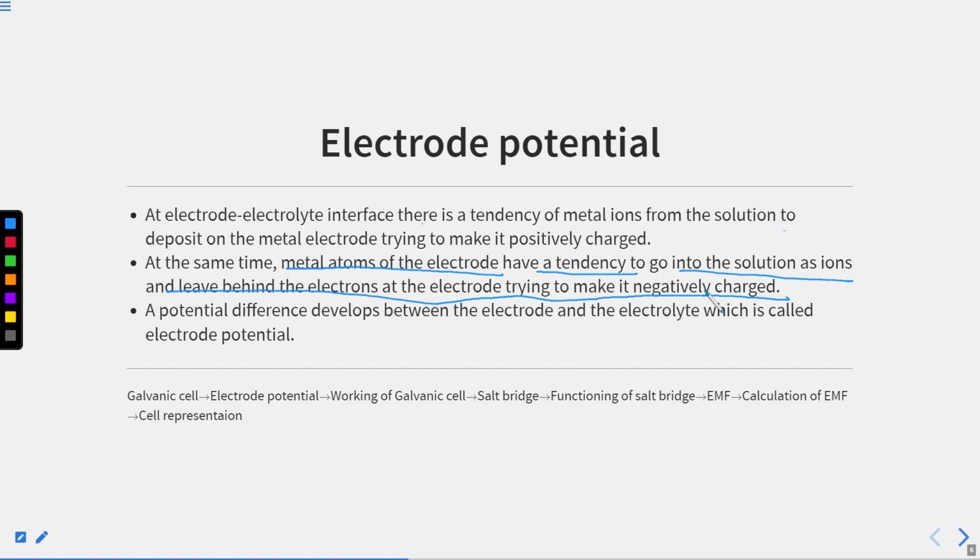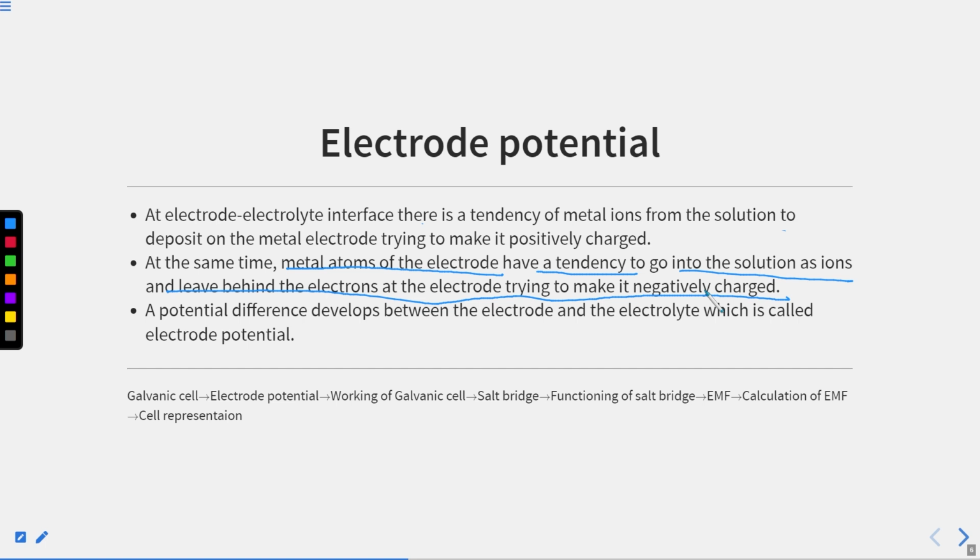Now at the same time, there is salt present in the solution, right? It also has the tendency to gain 2 electrons. Since it is positively charged, it has a tendency to gain 2 electrons and go into the solid phase, or deposit on the electrode. How will it do so? It will take 2 electrons from the electrode and deposit on the metal.